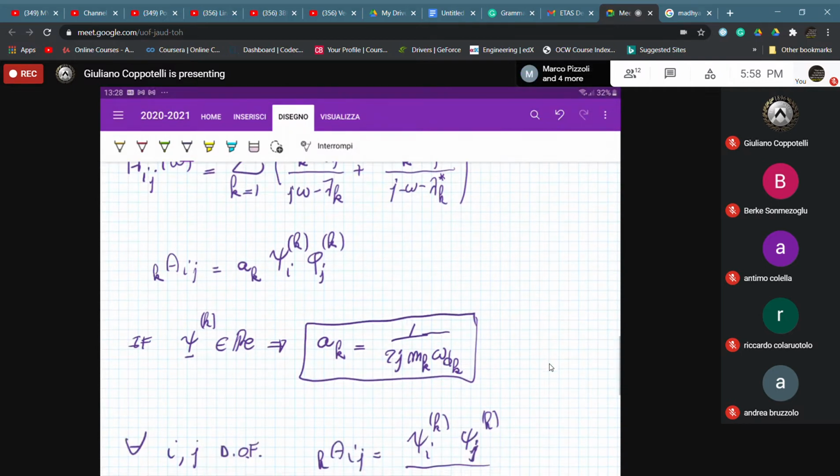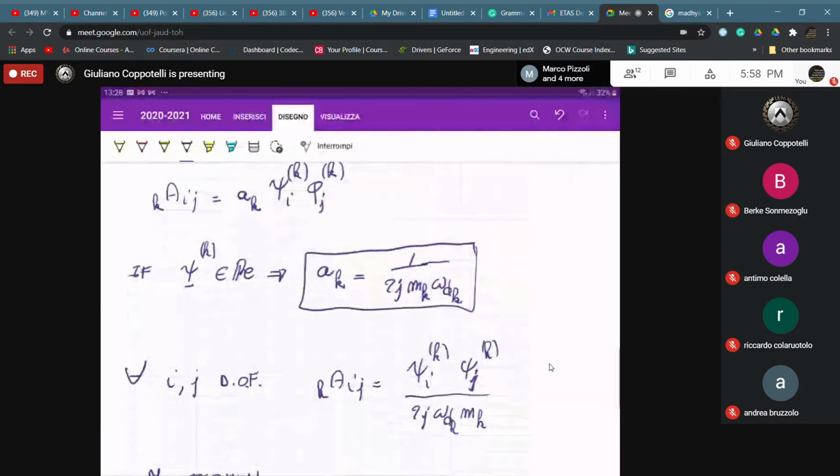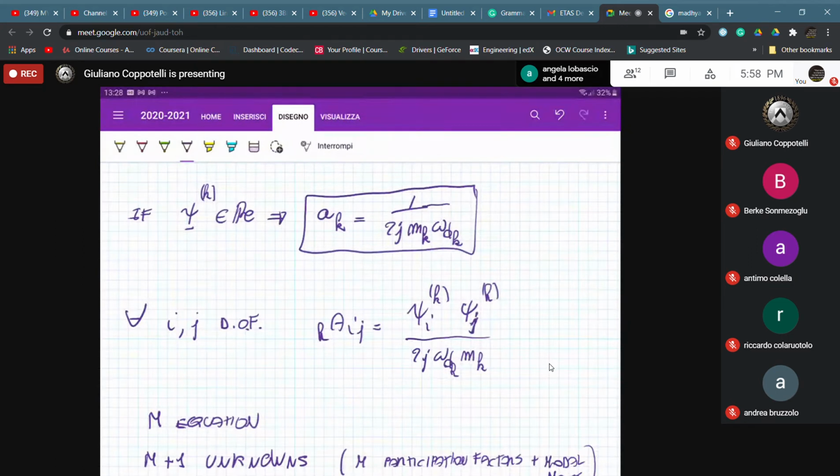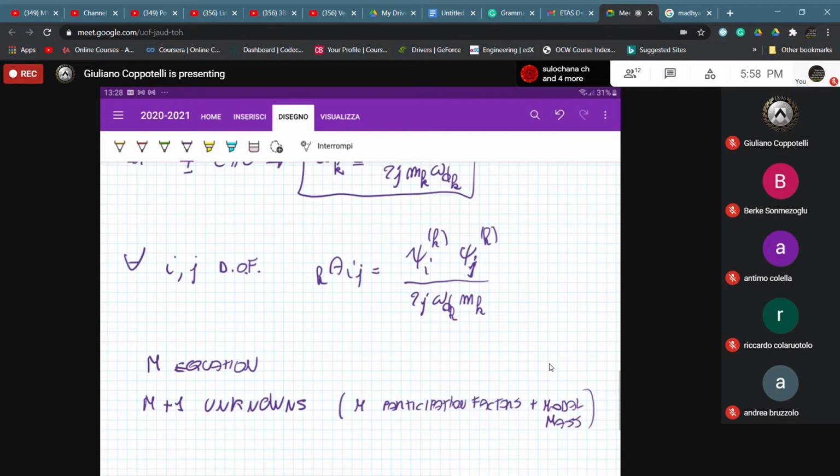Now, because of that, we also have to include the scaling factors, because we are having a number of equations that is less than the number of unknowns, because we have also to include the modal mass in addition to the mode shapes component at the ij degrees of freedom.